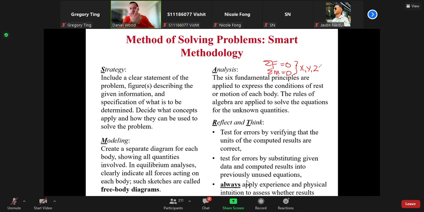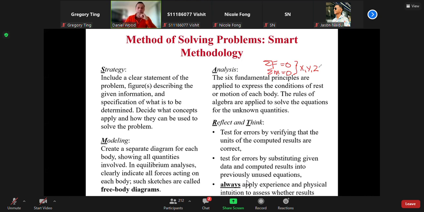The sum of the forces in the X direction must equal 0. The sum of the forces in the Y direction must equal 0. The sum of the forces in the Z direction must equal 0. That is for equilibrium, okay? And then for equilibrium about rotational axes, the sum of the moments about the X axis must be equal to 0. The sum of the moments about the Y axis must be equal to 0. The sum of the moments about the Z axis must be equal to 0.